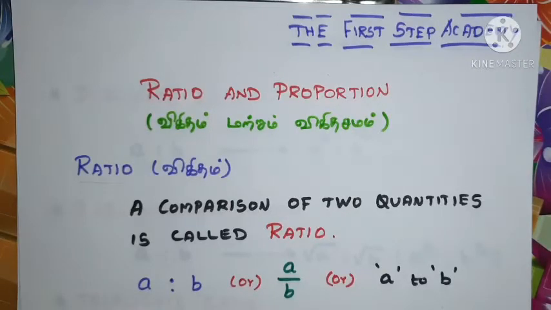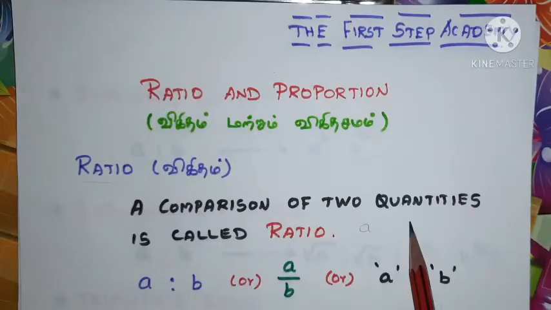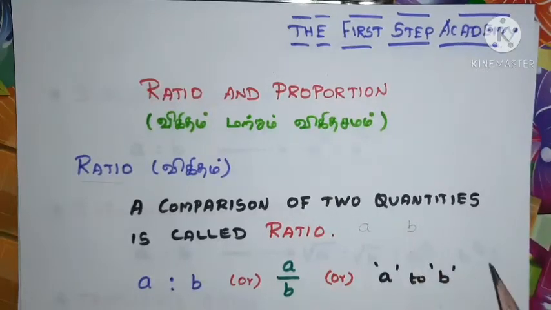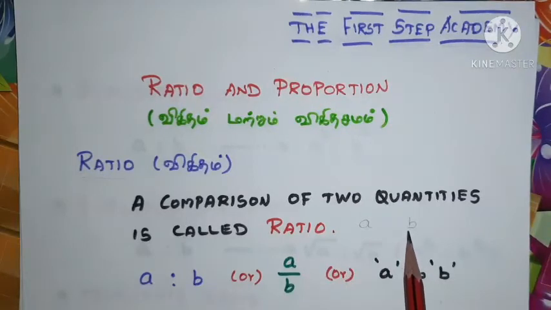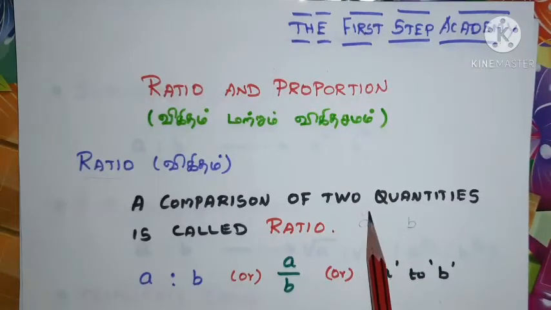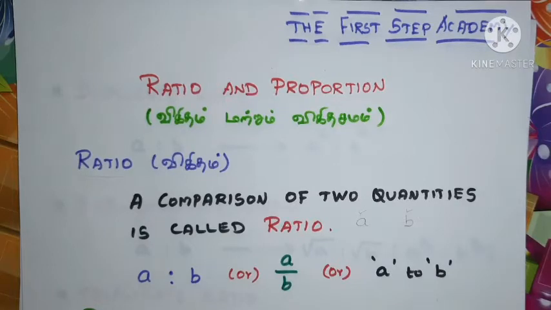For example, if A is the one quantity and B is the other quantity, then by comparing A and B, we can clearly say how A is changed with respect to B. Right? Fine. So those expressions can be represented in three different forms that we are calling a ratio, right?